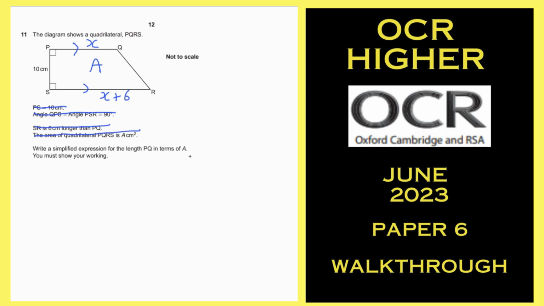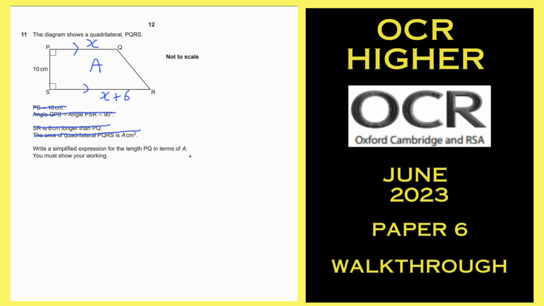Write a simplified expression for the length PQ. Yeah, not the most friendly in the world, a little bit strange. Let's just have a think. The fact that I started off saying, oh, 2 right angles, they've told us it's a quadrilateral. They're keeping the information from us that it is a trapezium.